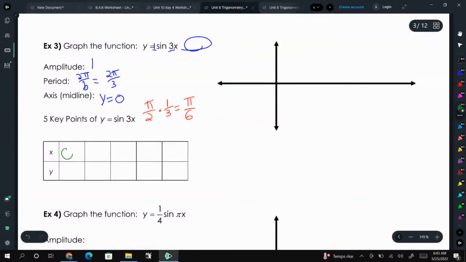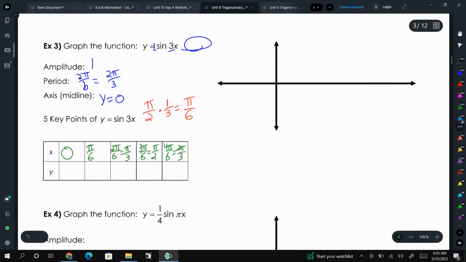We're going to start with 0, pi over 6, 2 pi over 6, which is pi over 3, 3 pi over 6, which is pi over 2, 4 pi over 6, which is 2 pi over 3.